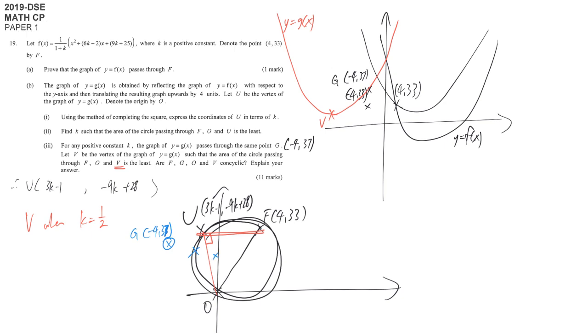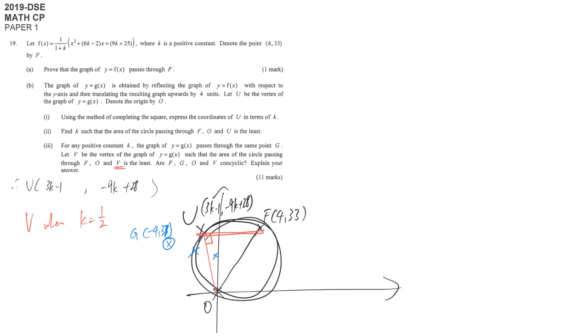If point G lies on this circle that we already fixed in B2, then they are concyclic. The 4 points are concyclic. In reverse, if point G is outside or inside, that means they are not concyclic. That is what the question is asking. If you understand what the question is asking, then this becomes a much easier question.